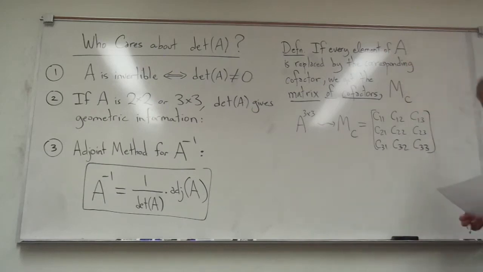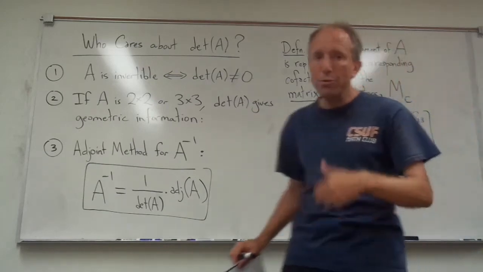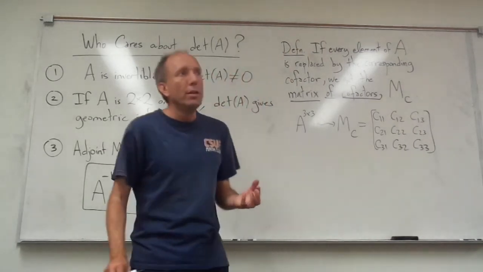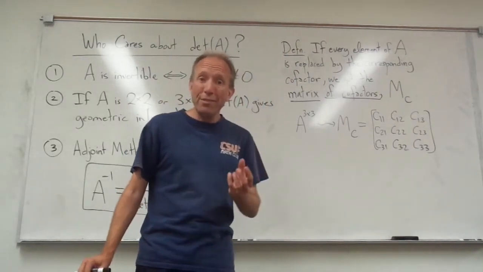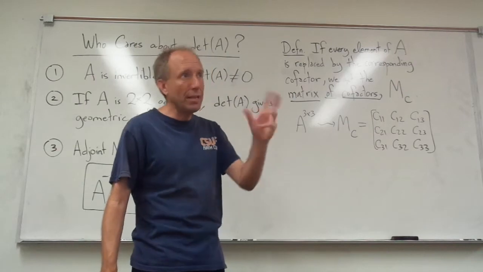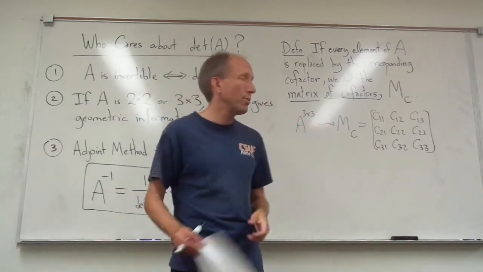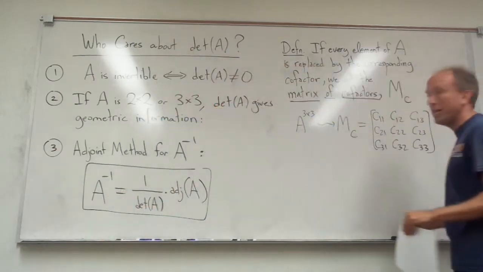But you do have to calculate a lot of cofactors. Remember, a cofactor is really a determinant of a sub-matrix, and then you have a possible sign change. So there's a lot of things to keep track of to build this matrix.